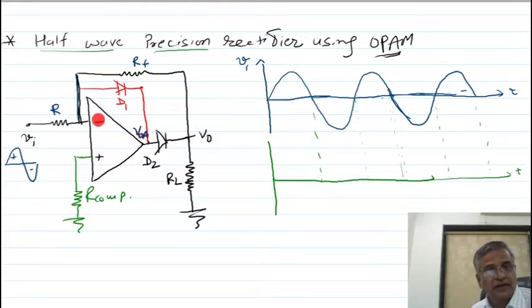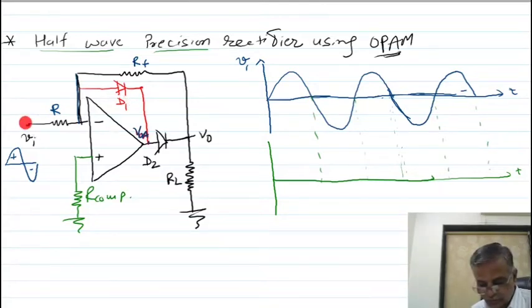The inverting amplifier can be converted into a half wave precision rectifier by adding the two diodes D1 and D2 as shown in the figure.